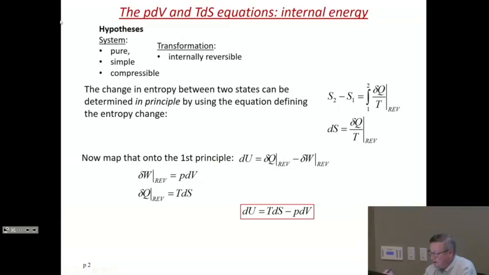Take this dQ, put the T on the other side, and you have dQ is TdS. Substitute these two things into that equation, and you have that the change in internal energy is the temperature times the change in entropy minus the pressure times the change in volume. That's one of your two TdS equations.